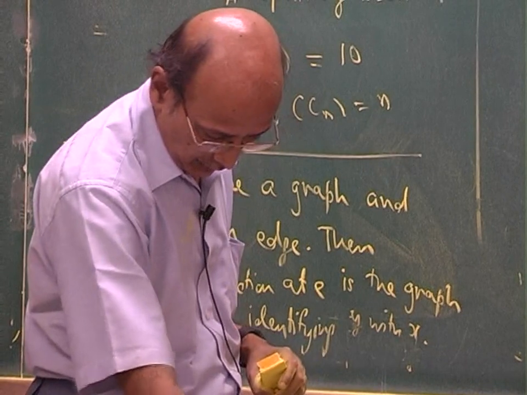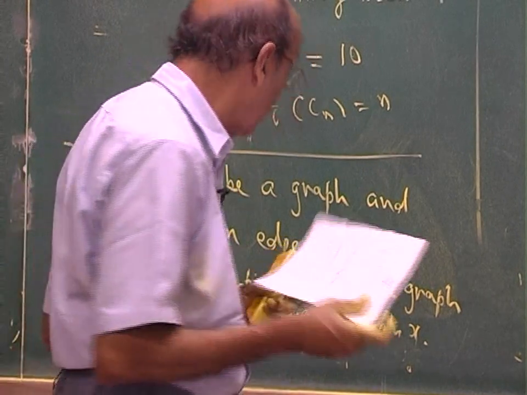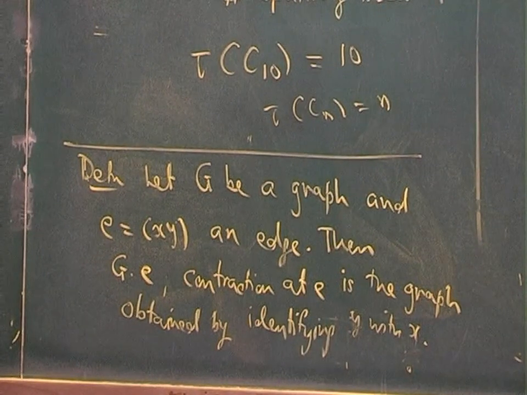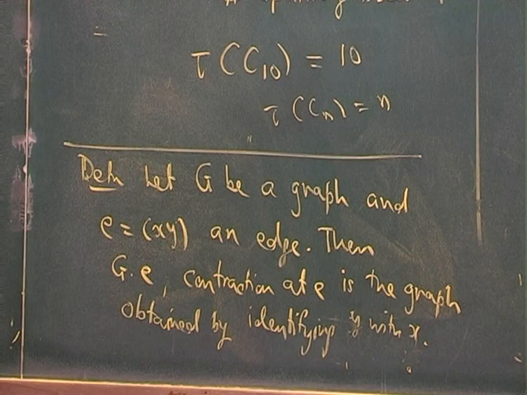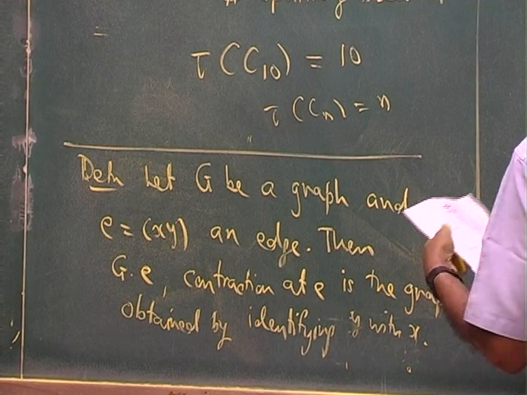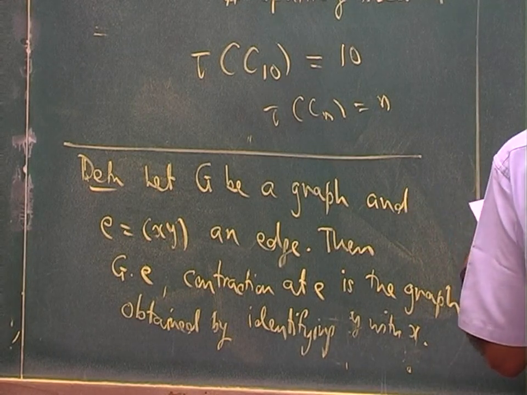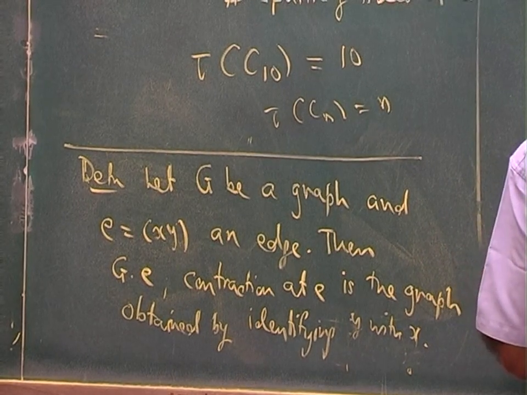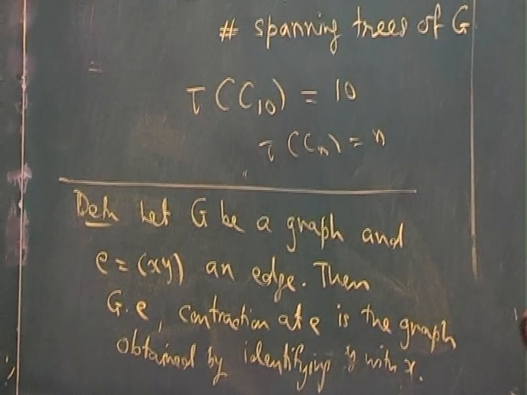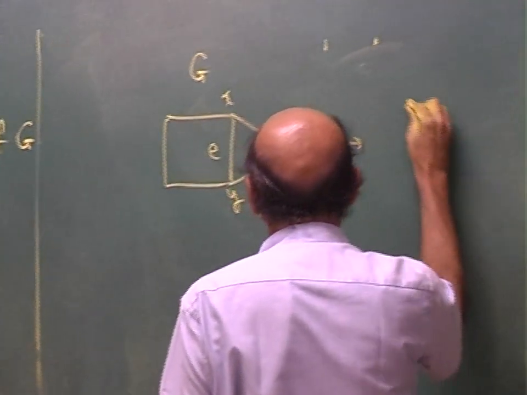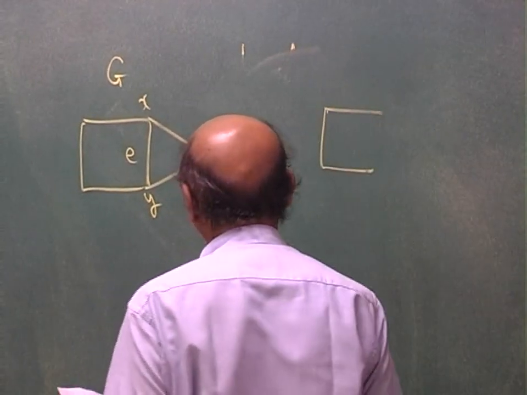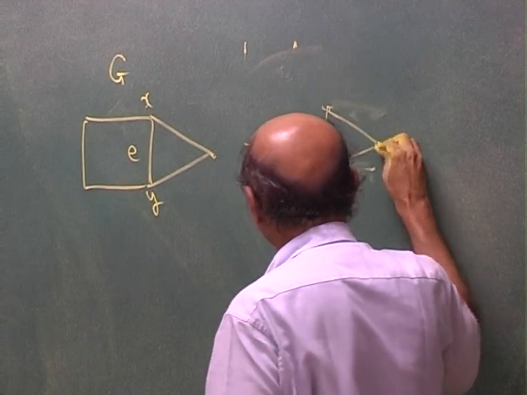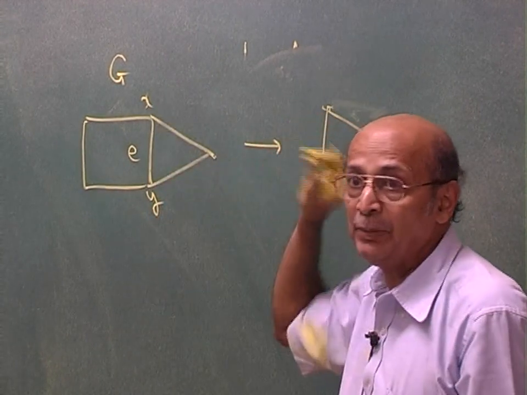Okay, so let's see an example. Now those two vertices have merged into a single vertex. Is it clear? x and y have become only one vertex.